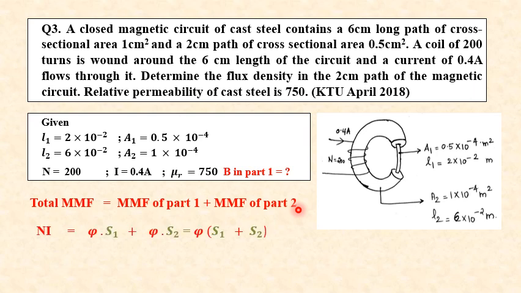Substituting, we get Ni equal to phi into S1 plus phi into S2. Since flux is the same, we can write that as phi into S1 plus S2. In the question, the number of turns is given as well as the current. So we can find the total MMF, that is Ni equal to 200 into 0.4, that is equal to 80 ampere turns.